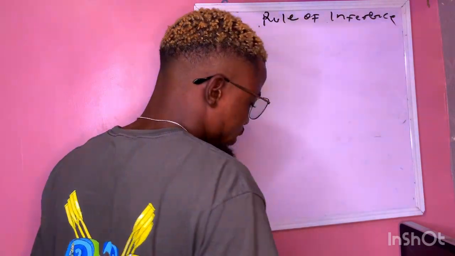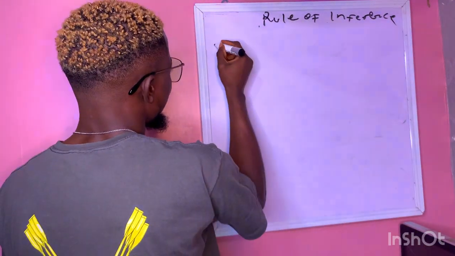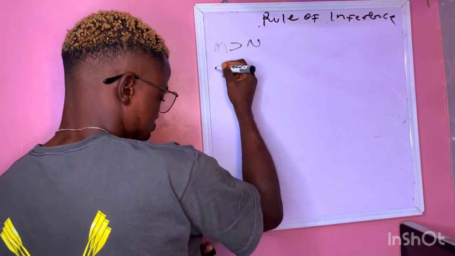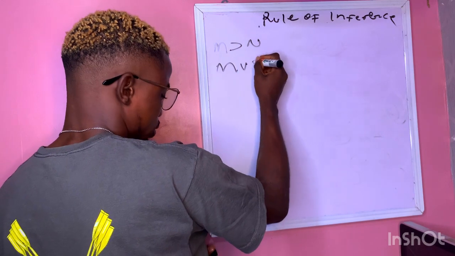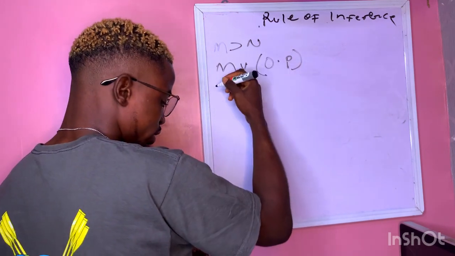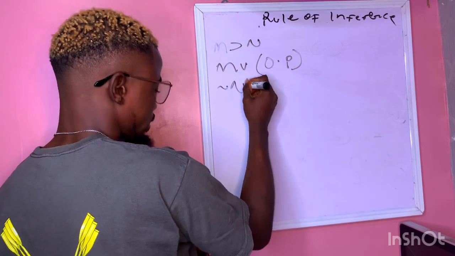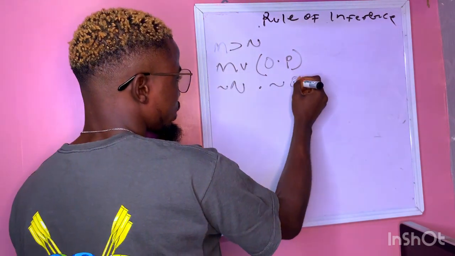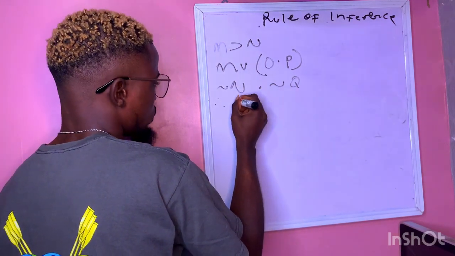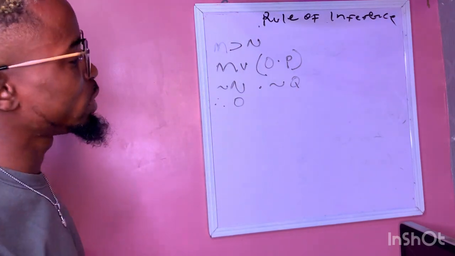So let us assume that after symbolizing here, we have something like M implies N, N or (O and P), negation N, and negation Q, therefore O. Now let's say this is the question.